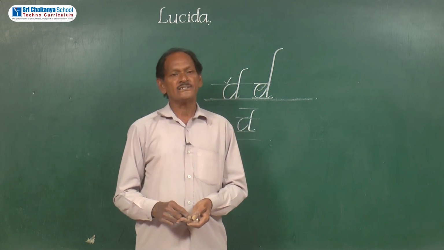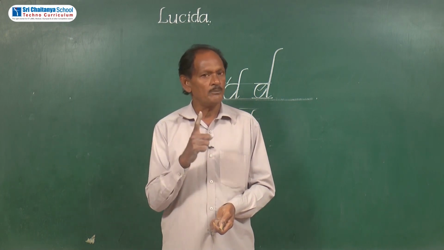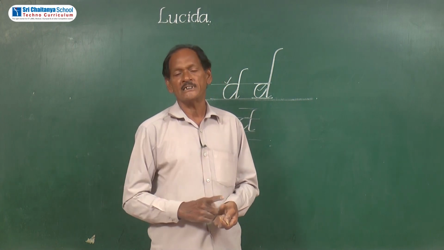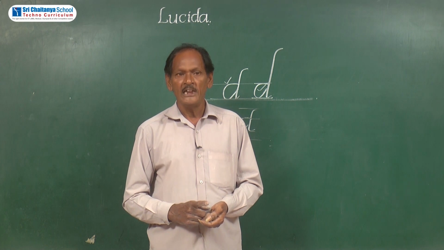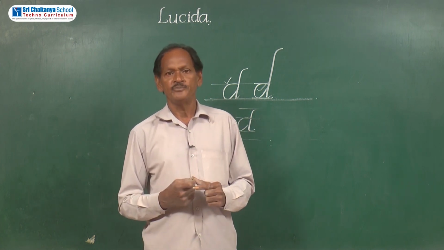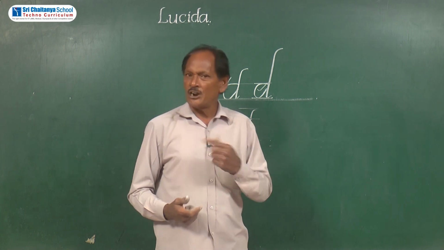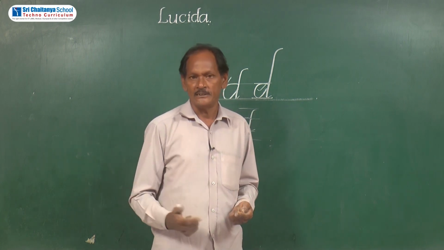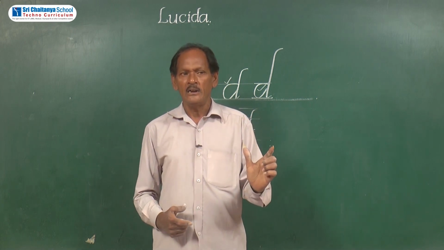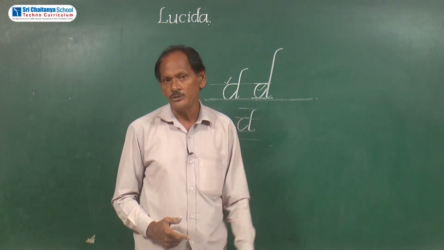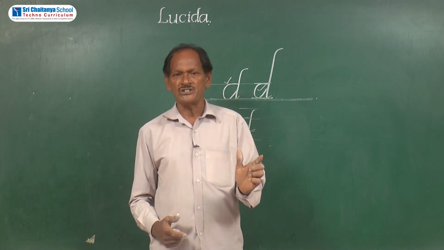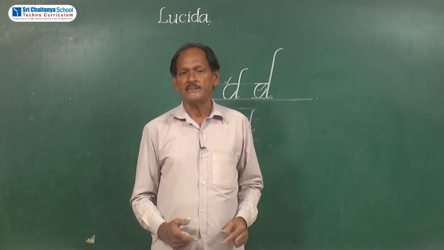Okay, and next it contributes to visual perfection. Visual perfection is a very important aspect of handwriting. If a reader or the evaluator is not able to understand what you have written, how can he have an idea about the answer written by you? That is why visual perfection is very important.